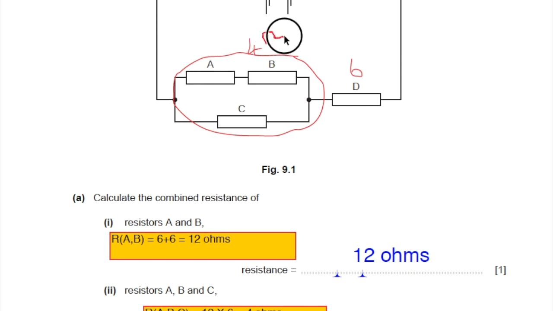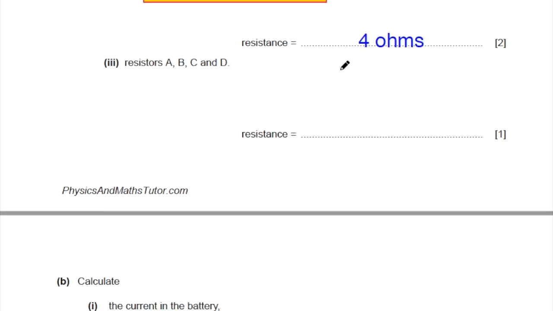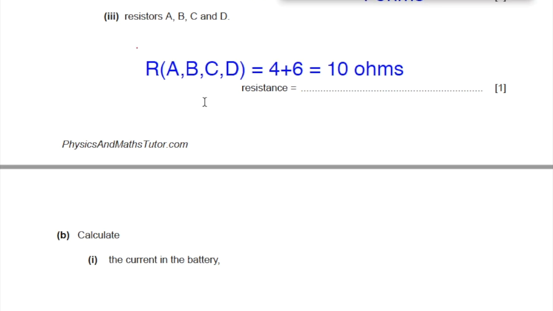So you've got 4 here and 6 here. 4 plus 6 will be 10 ohms. So the total resistance is 10 ohms.